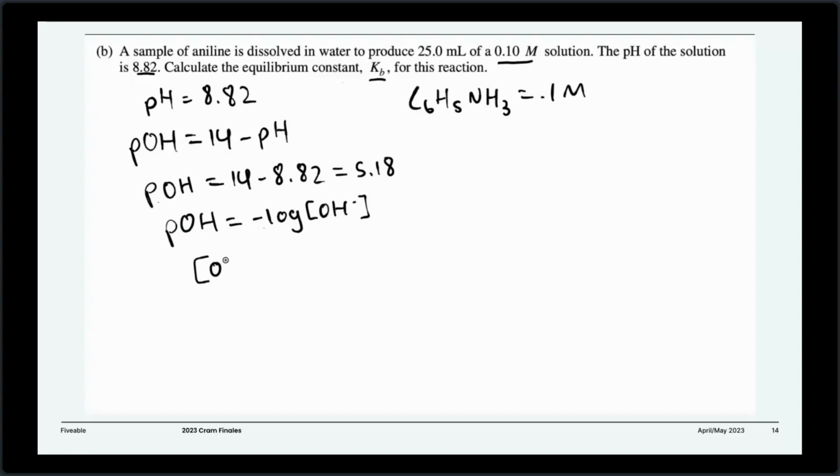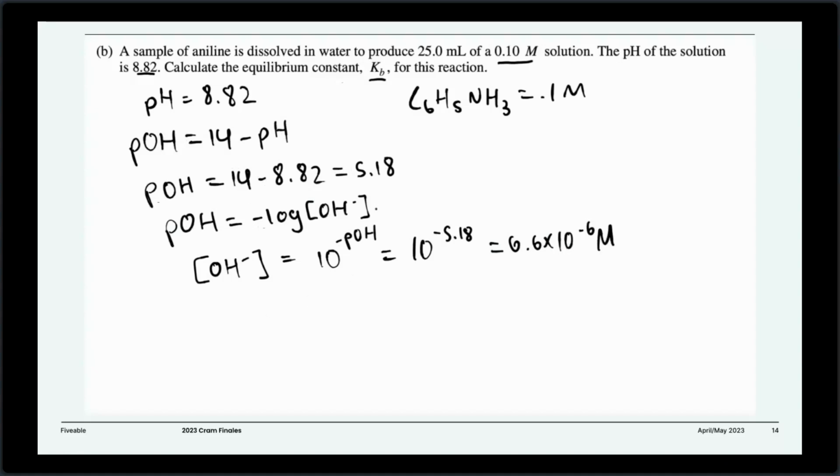So the concentration of OH minus will be 10 to the negative pOH. We do 10 to the power of negative 5.18, and that gets us 6.6 times 10 to the negative 6.